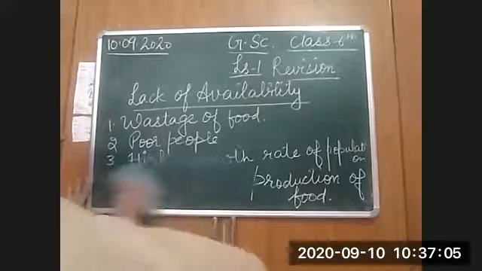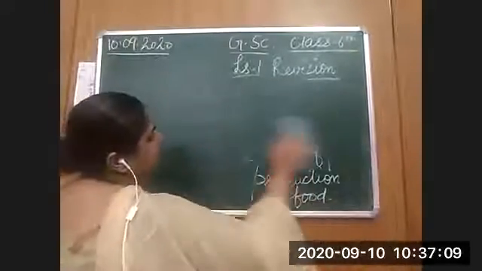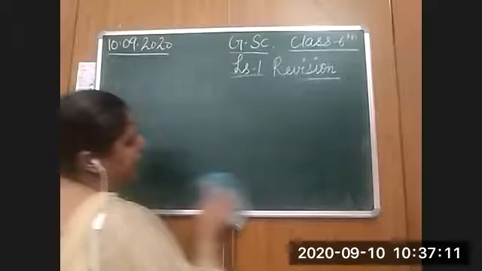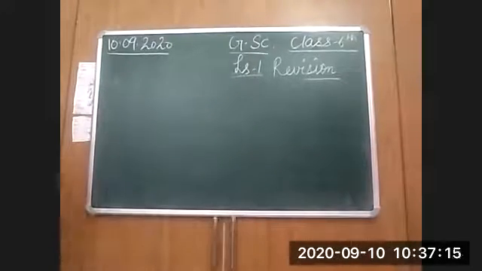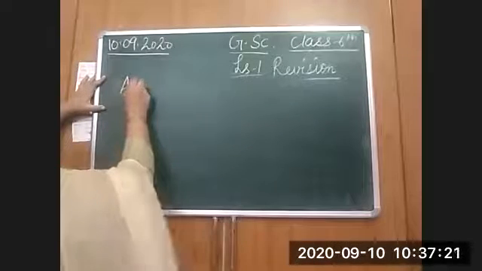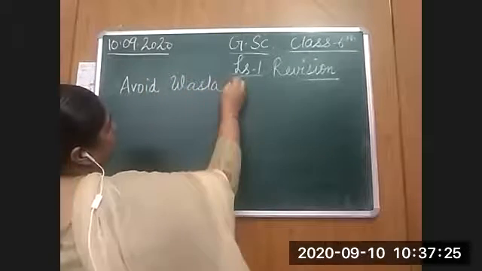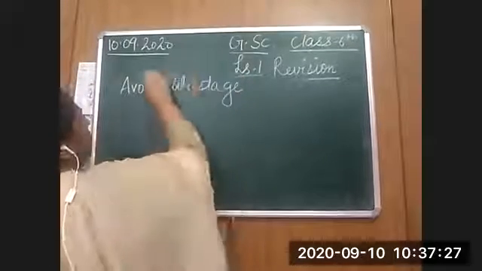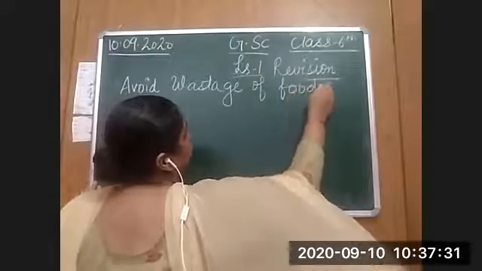Now beta, the last topic of this chapter is how we can avoid wastage of food. So many points you can write on your own. You all know how you people waste food, so you have to avoid it.